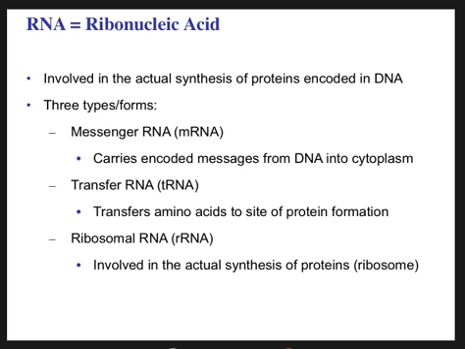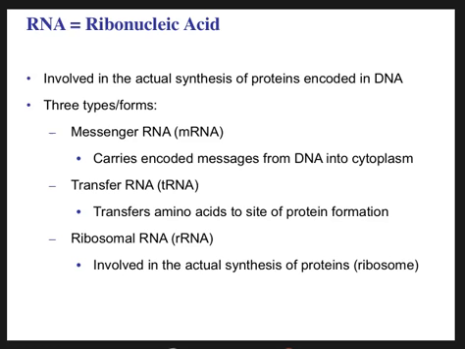Transfer RNA are forms of RNA that are found in the cytosol of a cell, and they play a key role in carrying or transporting amino acids around the cytoplasm and bringing the appropriate amino acids to a ribosome where we're going to build a protein.